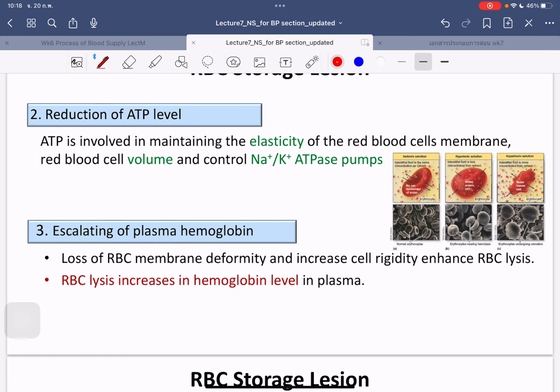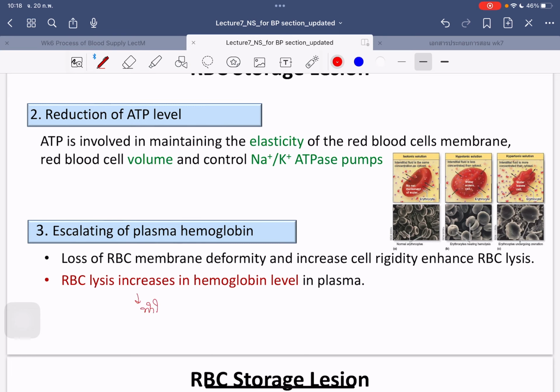And the third, when the cell membrane changes, it can induce red blood cell lysis. So why does membrane change induce red blood cell lysis? Can you tell me? Imagine you have the red blood cell membrane. It is flexible enough to move through the blood vessel or in any direction.